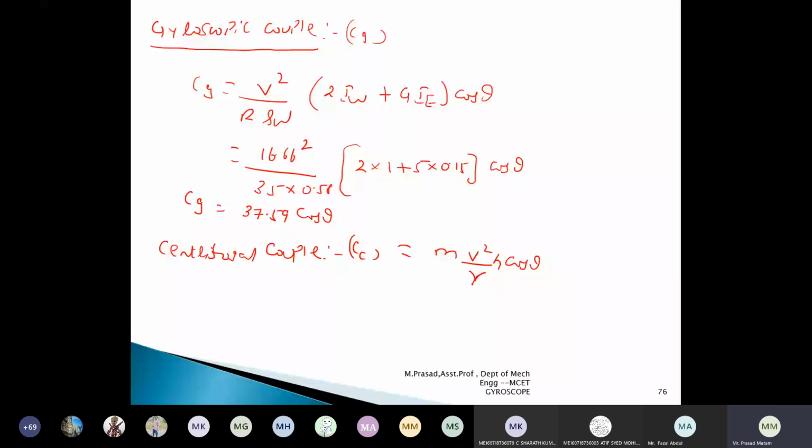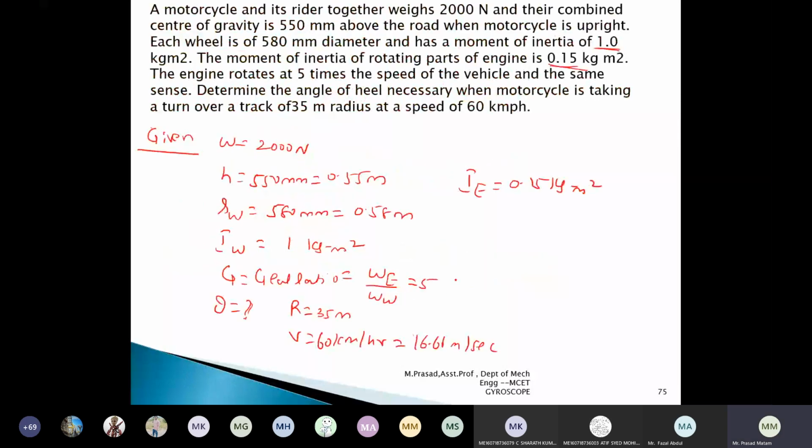Take it as capital, don't go for smaller. So what is the mass we got? Weight 2000 newtons. What about the mass? Can anyone convert this? 2000 by 10. Let us take it as 200 kgs.